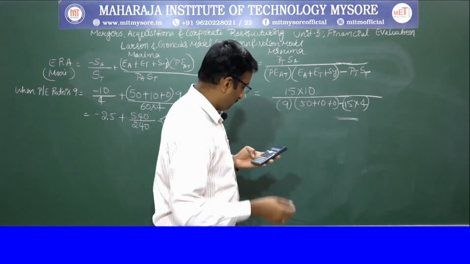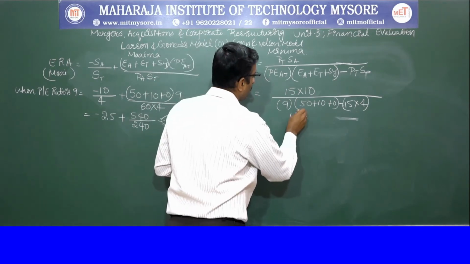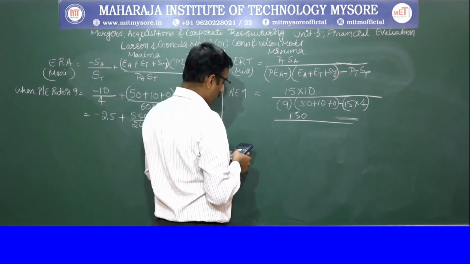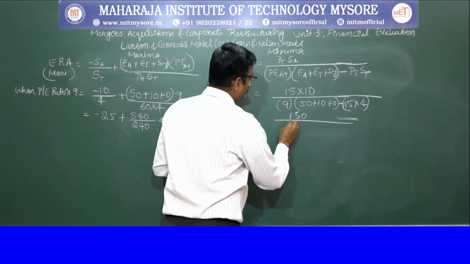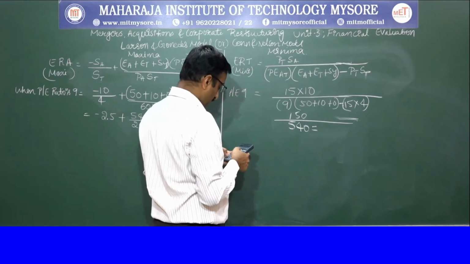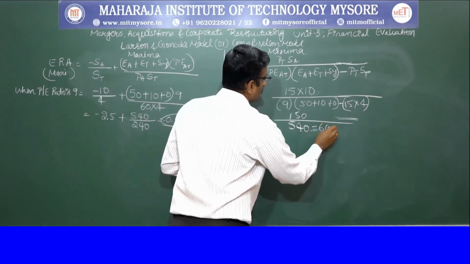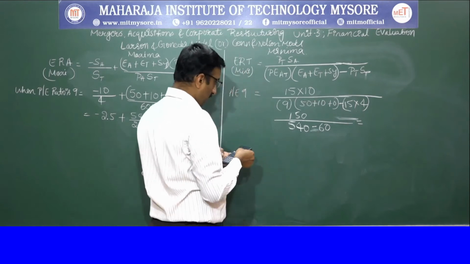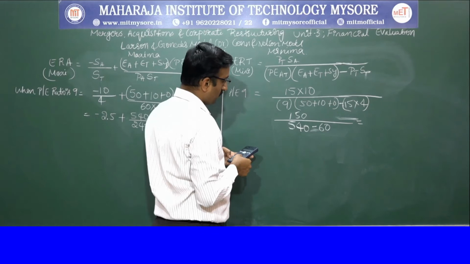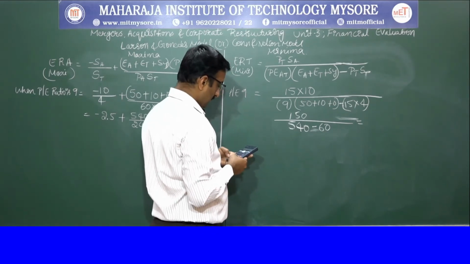So do the calculation of that. 15 into 10, it is 150 divided by 60 into 9, it is 540, and 15 into 4, it is 60. So 150 divided by 480.